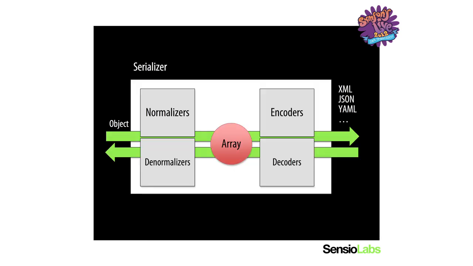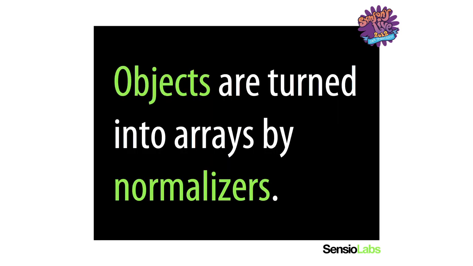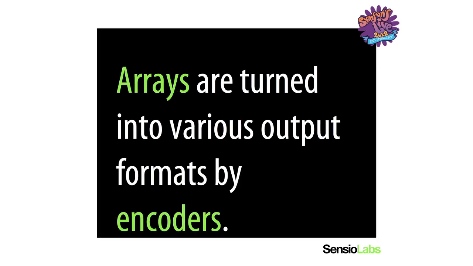So internally, this serializer component is built with normalizers. So you have normalizer objects. Normalizers convert your PHP object to arrays. So these normalizers convert your object to an array. And then the array is converted to the output format with encoders.